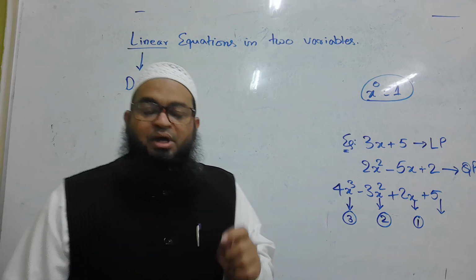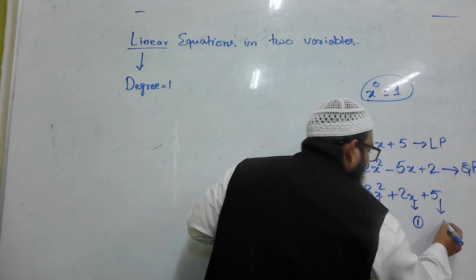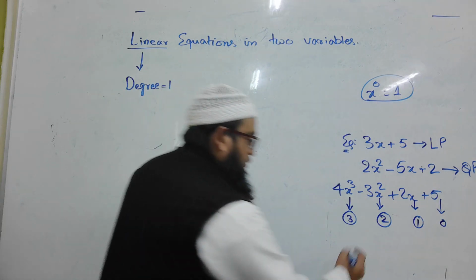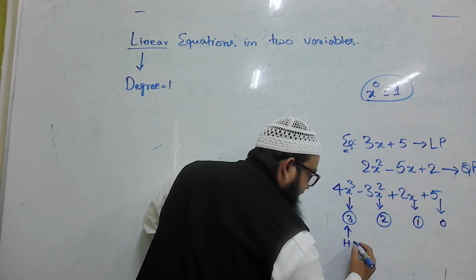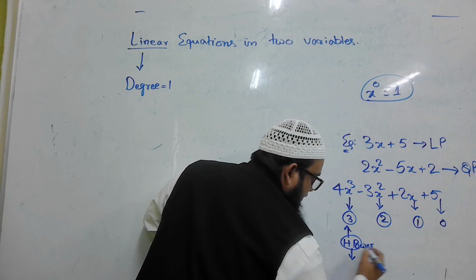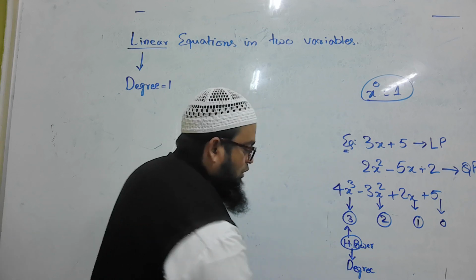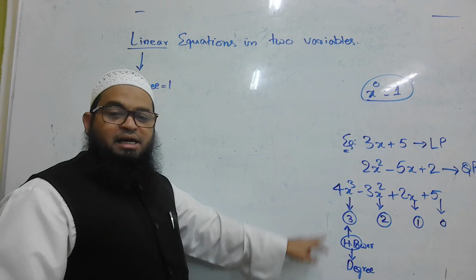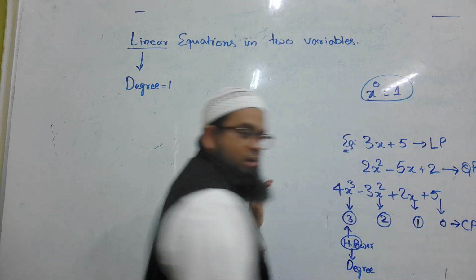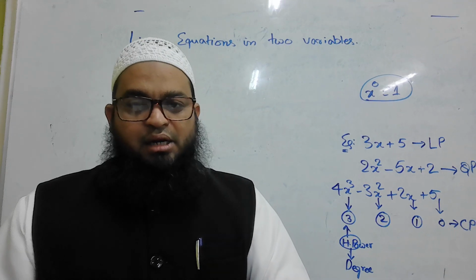It is a constant term. Therefore, the power of the variable is 0. Understood? Now tell me, what is the highest power? This is the highest power. Highest power, we call it degree. Since the degree is 3, we call it a cubic polynomial. This we have studied in polynomials, right?